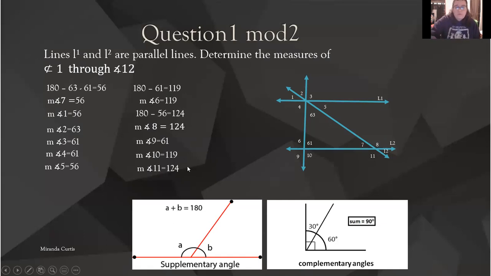So it's going to be 124. Okay, and our 12th angle, which is way over here. Okay, 12 is the opposite of 7. And again, they're vertical, and they're the opposite, so they're going to equal the same. So it's going to give us 56.